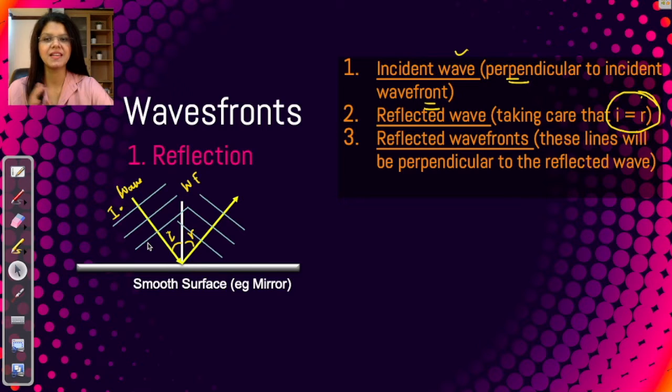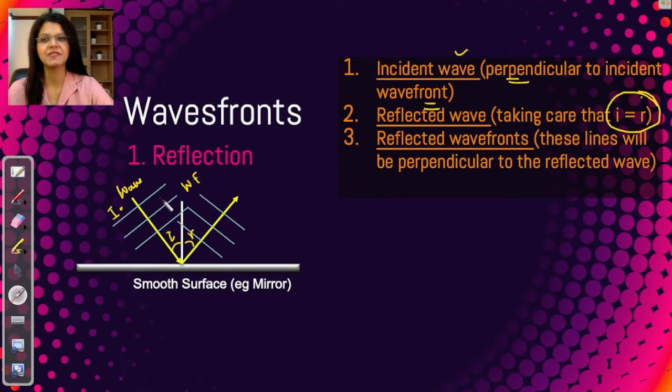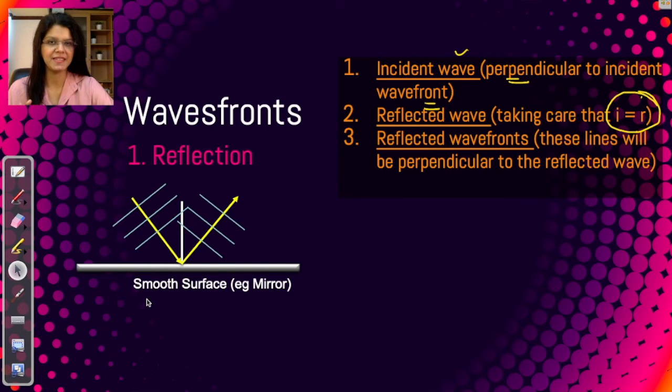As simple as that, you have done this question. You started with a set of incident wave fronts. You identified the incident wave and the reflected wave. Now the reflected wave fronts will be perpendicular to the reflected wave. We know that wave and wavefronts are perpendicular, right? So this is what you should be doing in your exams.